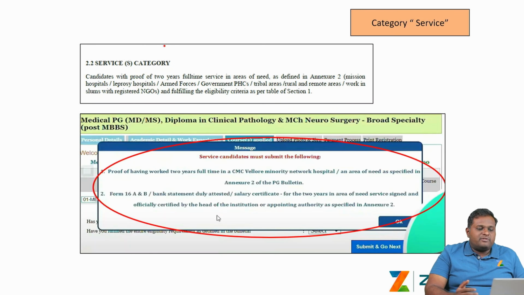The areas of needy are the persons working in the mission hospital, leprosy hospital, armed forces, government PHCs, tribal areas, rural and remote areas, and worked in slums or registered NGOs. Okay, you have to send their self-attested copies signed by the head of the institution to the registered CMC before 7/6/2025.